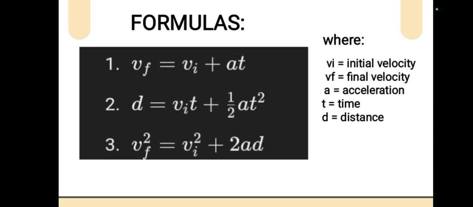Vi is for initial velocity, while Vf is the final velocity, and a is the acceleration, or the uniform acceleration, and t for time. Also, we have d that suggests distance.